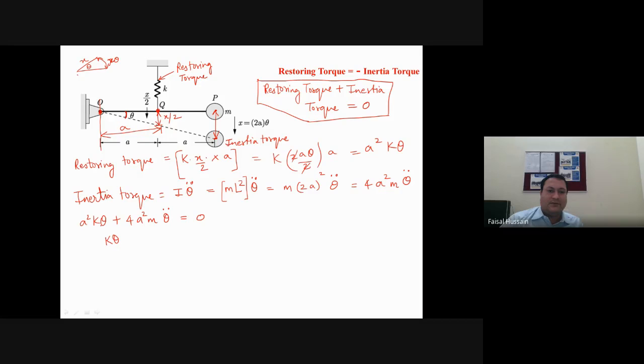I can write this equation as K theta plus 4m theta double dot equal to 0. Also, I can write this as 4m theta double dot plus K theta equal to 0. This can be written as theta double dot plus K by 4m into theta equal to 0.